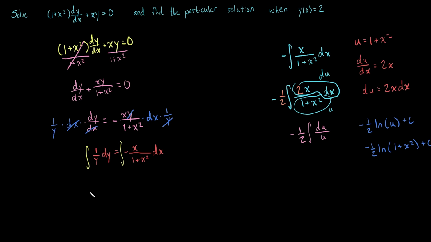So we can go back over here. We know that this is the natural log of y. It's equal to negative 1/2 the natural log of 1 plus x squared plus c. Now, if I want to raise both sides to the e, I'm going to use our properties of natural logs to move this term in front to the exponent inside.